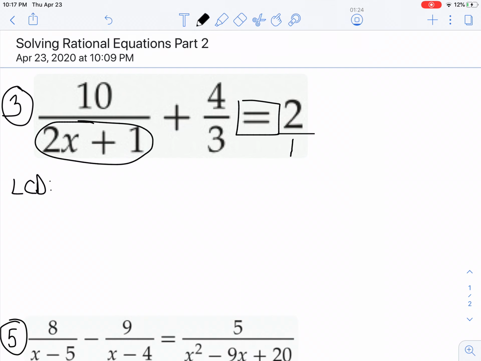So 2x plus 1 is a quantity that needs to stay together, and the entire thing has to be part of my LCD. Then with regards to just numbers, I've got 3 and 1. What number do both those go into? That would simply be 3.